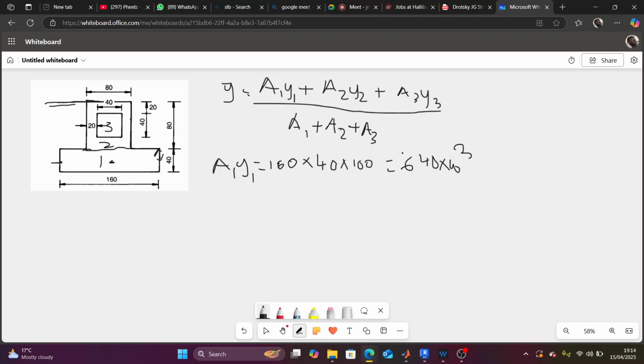Okay, we'll see the unit after. We'll see it when we combine everything. Now, can we do a2 and y2? Remember, a2 is this rectangular here, right?